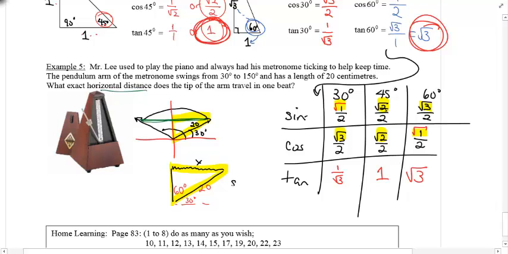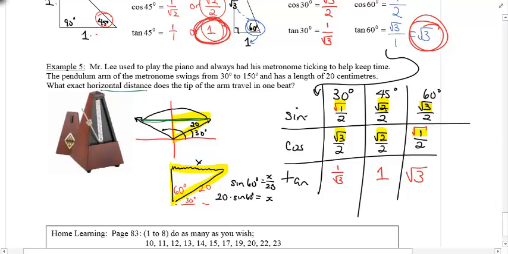If you wrote down something like this, sine 60 equals X over 20, I'm pretty stoked and happy that you got that. And now to solve for X, I just bring the 20 to the other side. So 20 times sine 60 degrees equals X. And you're like, oh, I need my calculator.